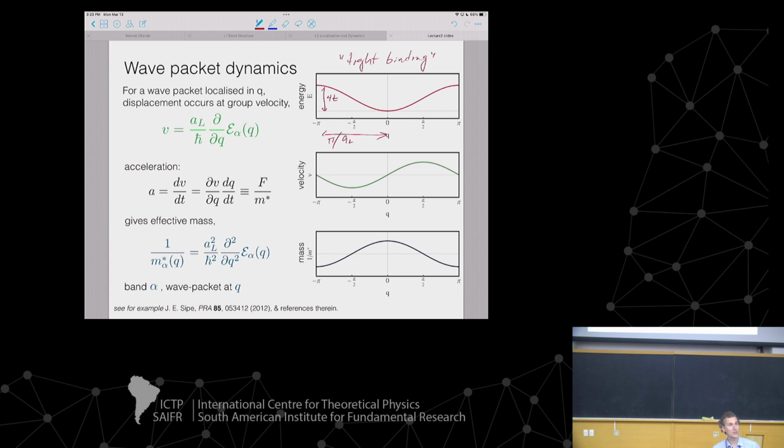So basically, the question is, what's the slope of this energy versus Q curve? And it's just going to be t times a_L, right? So I take this derivative, and now I have this velocity. This is the group velocity. And the maximum here is going to be a_L times tunneling divided by h bar. So the order of magnitude is given by the tunneling strength and the lattice constant.